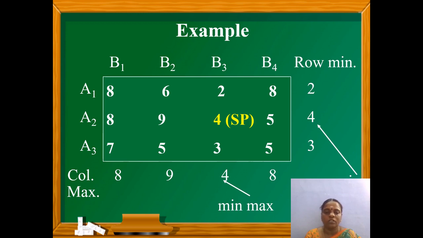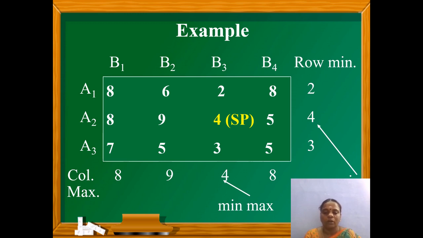Like that, in the first column, that is the B1 column, the maximum value is 8. In B2, the maximum value is 9. In B3, the maximum value is 4. In B4, the maximum value is 8. Next, the maximum of row minima. In row minima, the maximum value is 4, so we select 4.